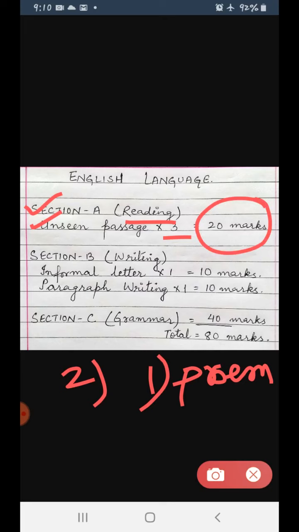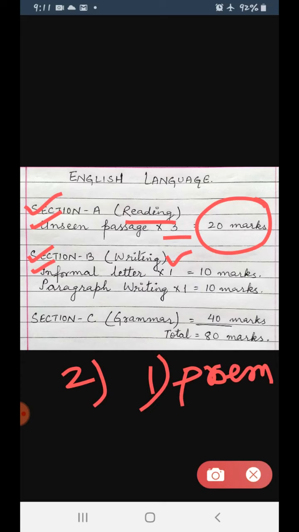And then next comes section B. In section B you will be getting writing. You have to write informal letters, that means non-official letters. Here I will be giving you a letter to your friends or relatives or uncle, auntie or siblings or cousins, anyone.